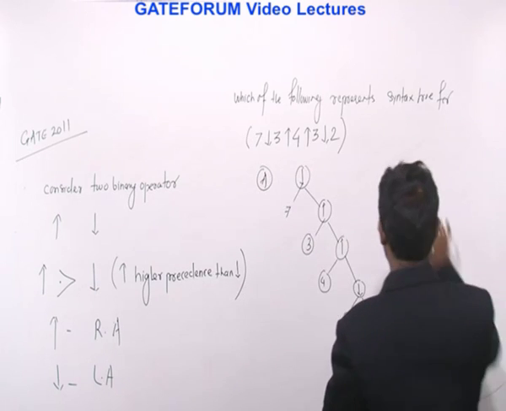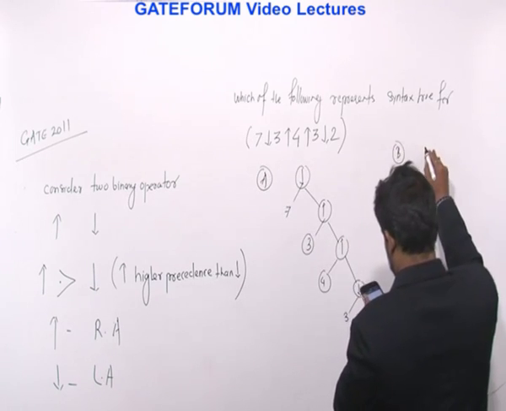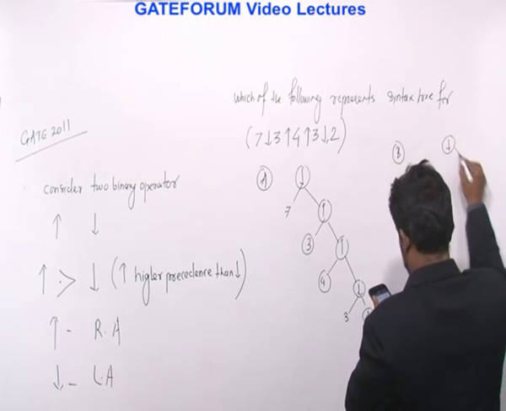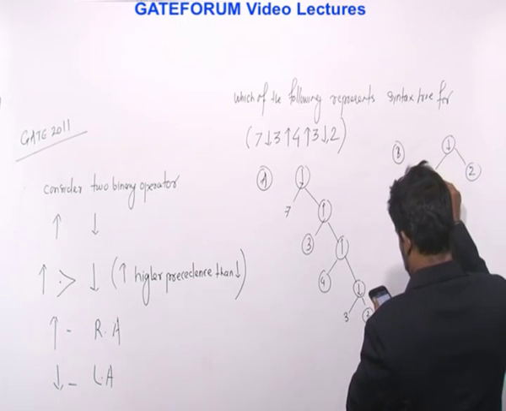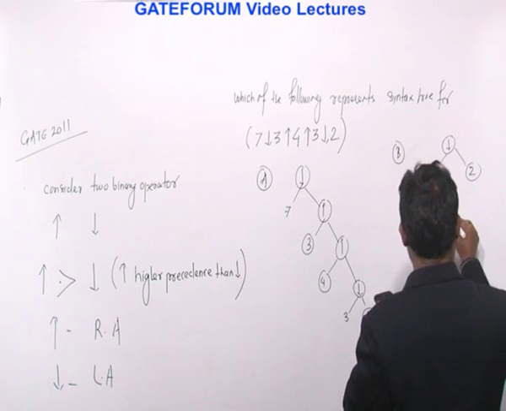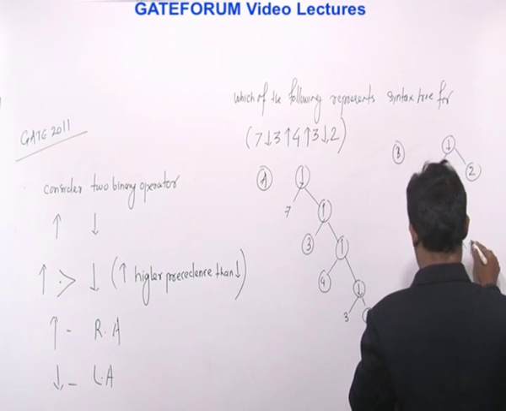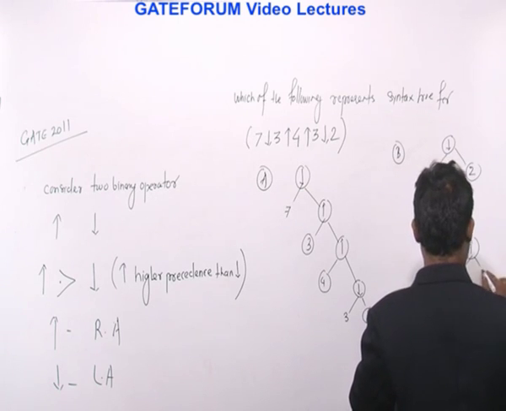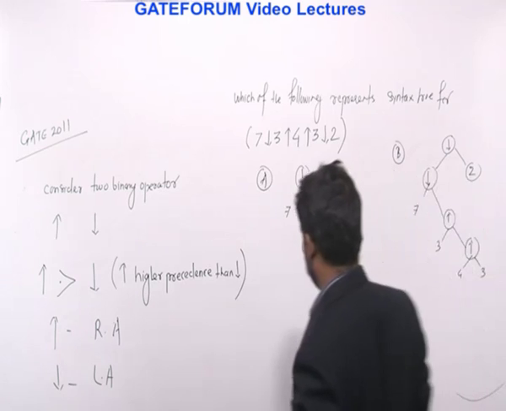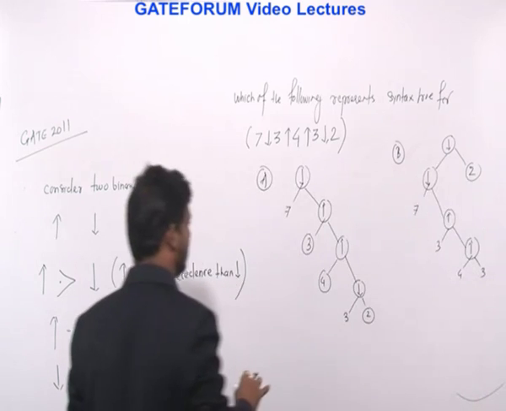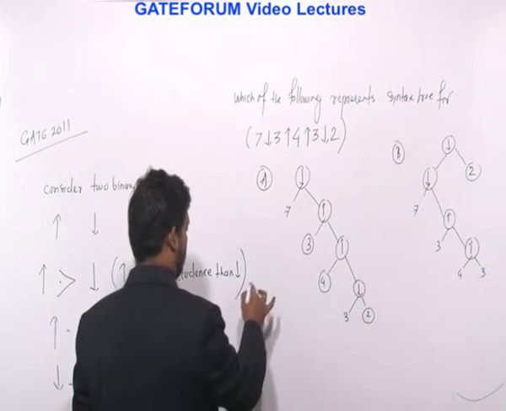Option B: down arrow 2, down arrow 7, up arrow 3, up arrow 4, 3. We have very limited space, but anyway, let me draw it here only.